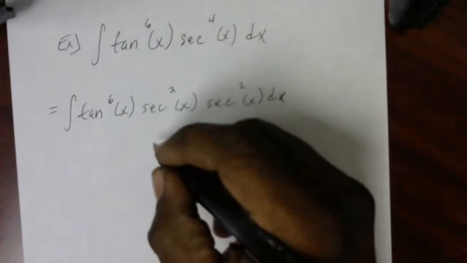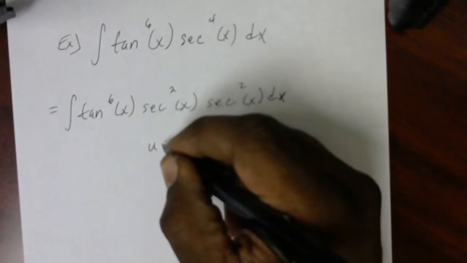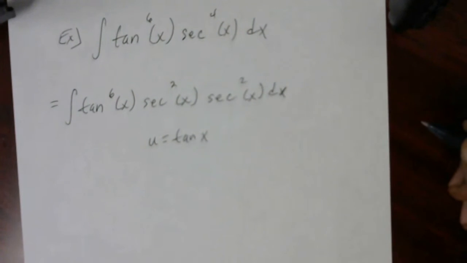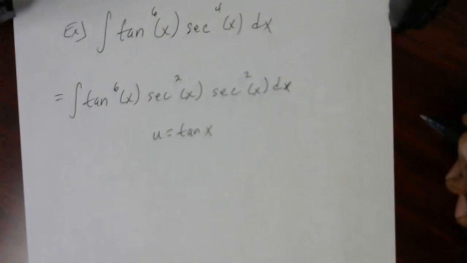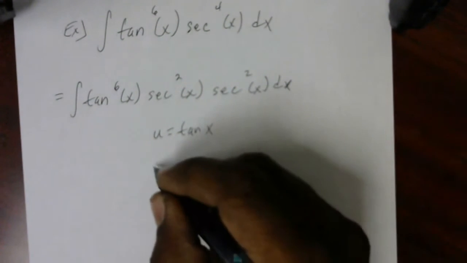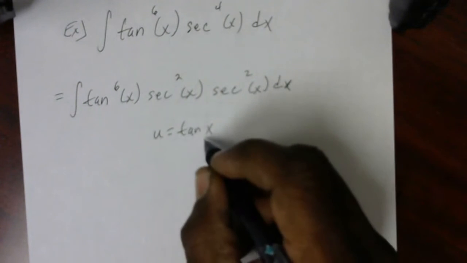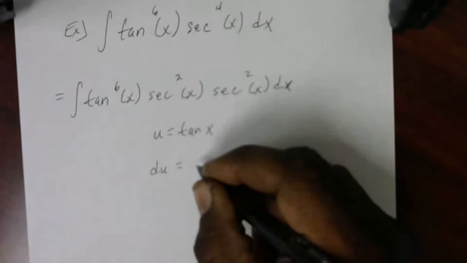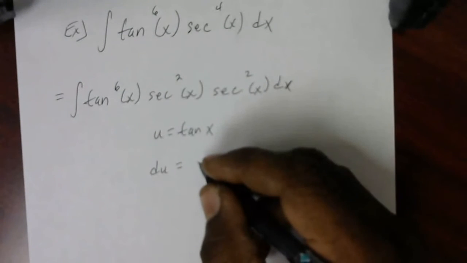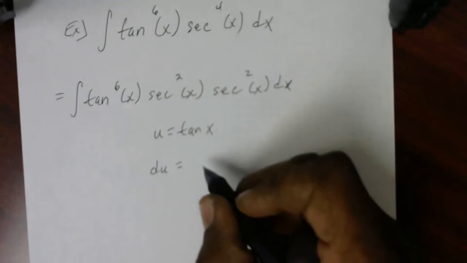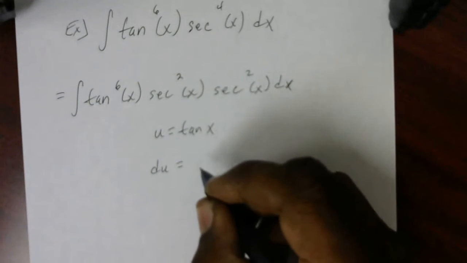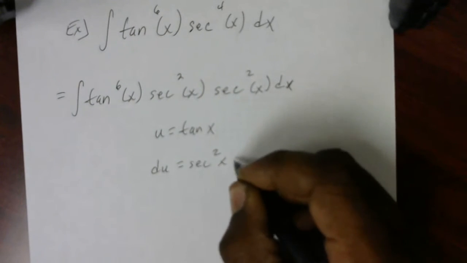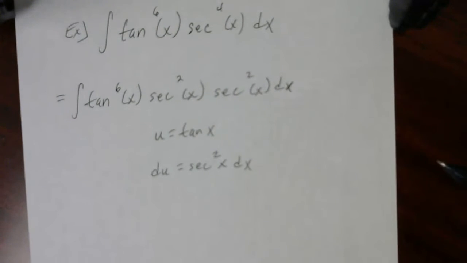All right, so here I'm going to let u equal tangent x. So if I take the derivative with respect to x for both sides, I have du is equal to secant squared x dx, right?